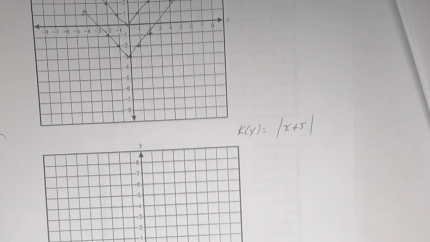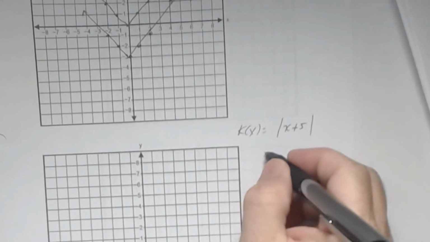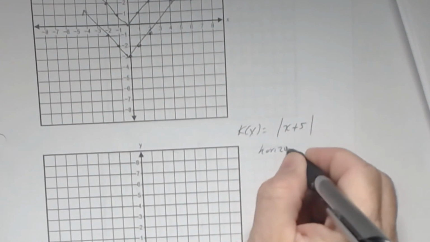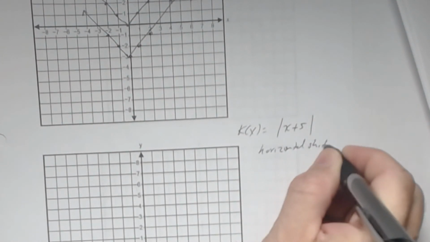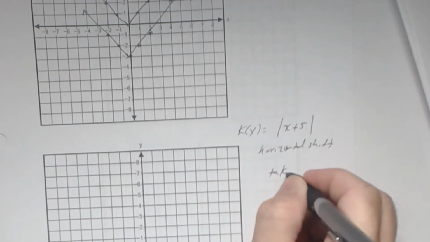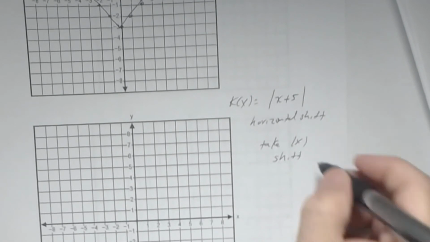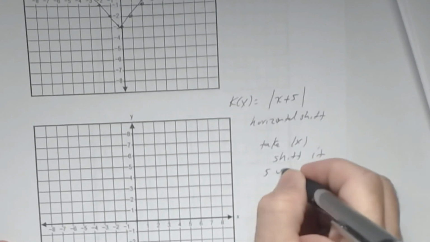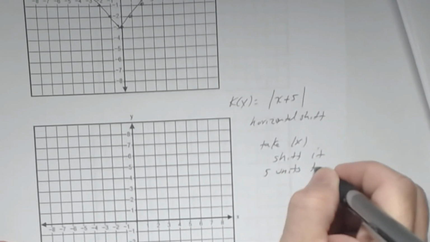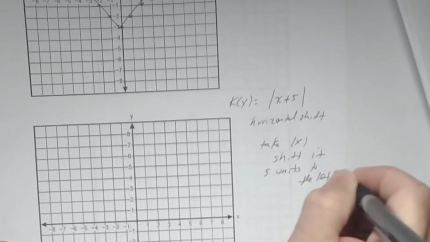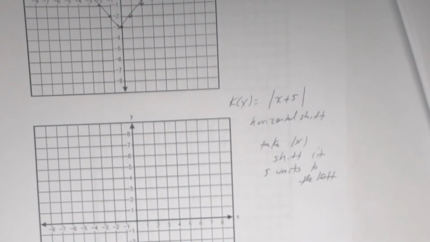So with the horizontal shifts, it's the opposite of what you would think. So this would be a horizontal shift 5 to the left. Basically, you're going to take the absolute value of x and shift it 5 units to the left. And so that's what we do.